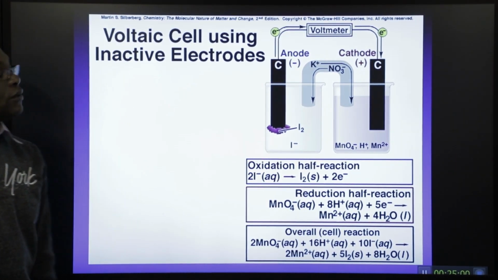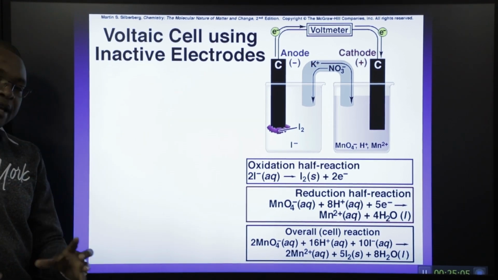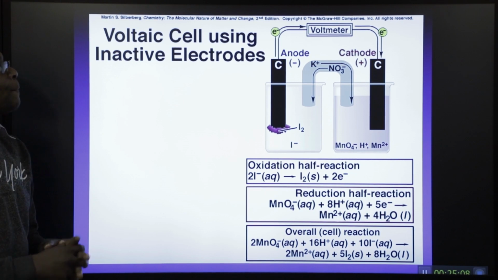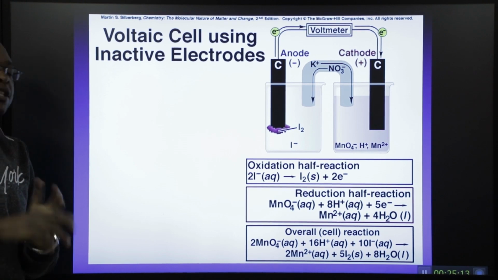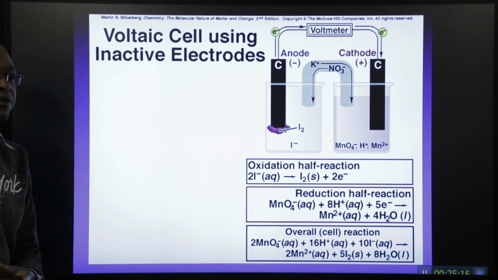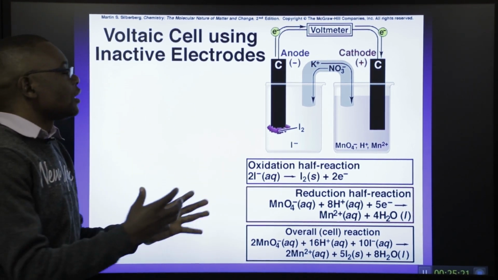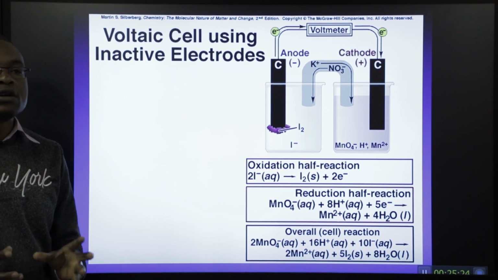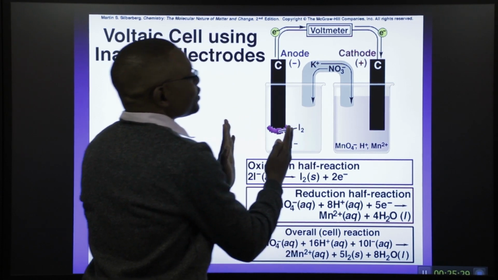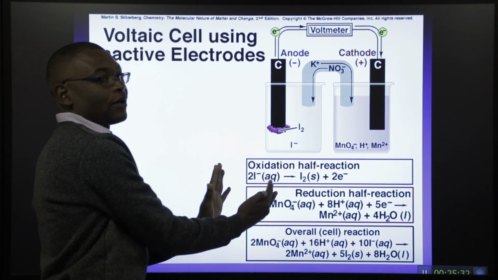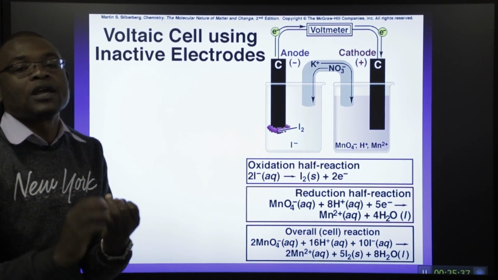So boys and girls, this should not give you problems, as we emphasize dealing with half reactions. I was telling you that it is important for you to understand how to handle half reactions, so that when you bring it to these electrochemical cells, you are able to account for what is happening at each electrode, because each electrode represents a half of the cell, and what is happening there can be accounted for in both chemical and mathematical terms.